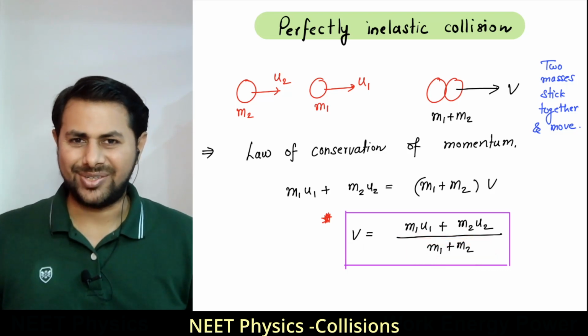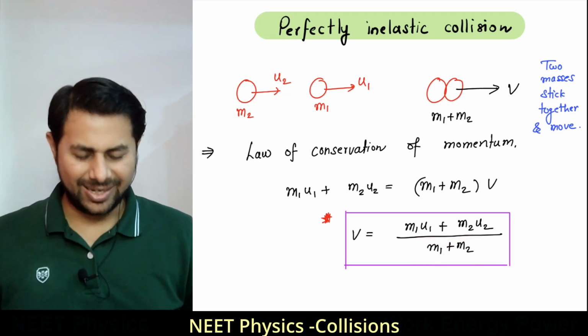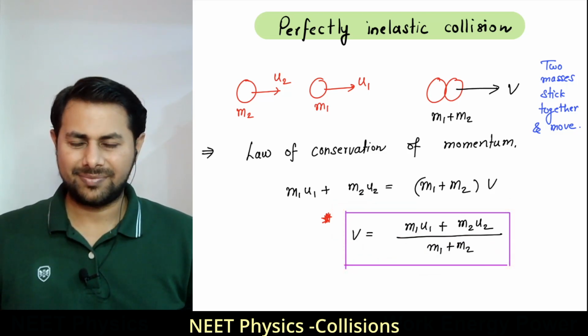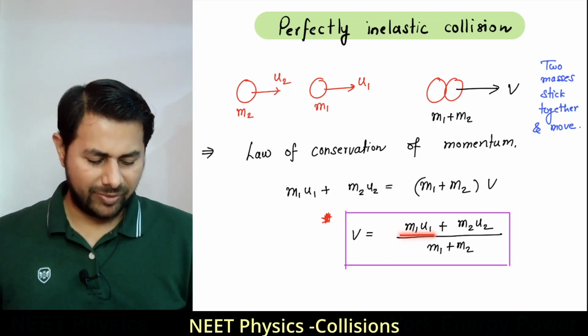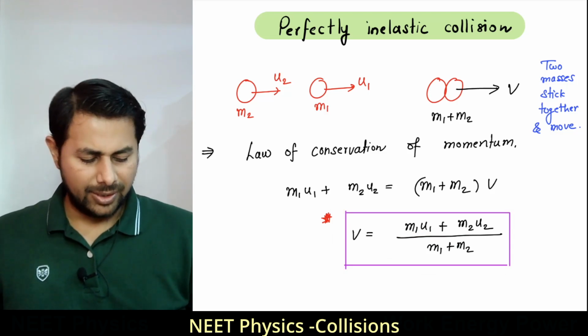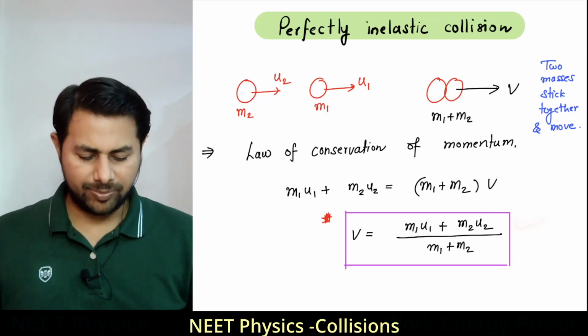That's very, very simple, right, compared to that of the elastic collision. So this thing is clear. So V is just equal to m1 u1 plus m2 u2 divided by m1 plus m2. Okay, so this is very, very simple.